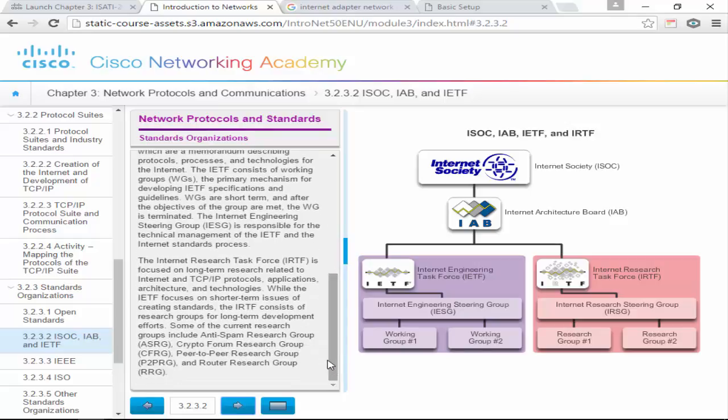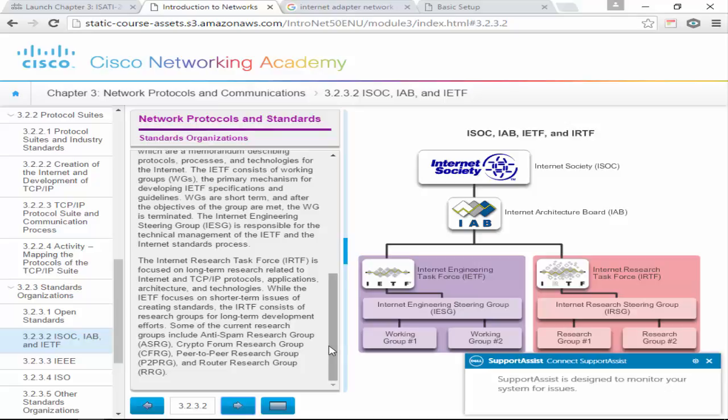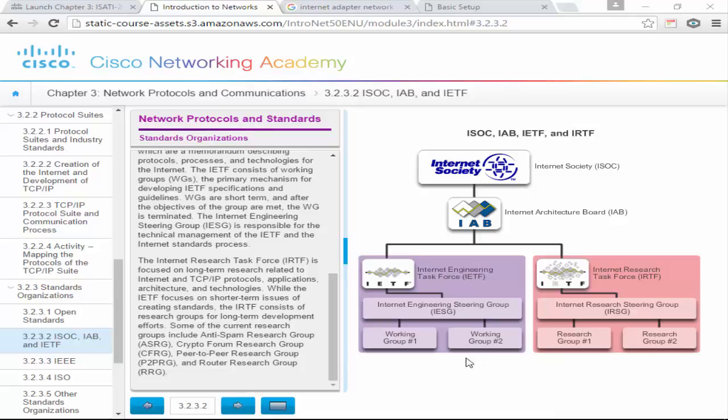The Internet Research Task Force is focused on long-term research related to Internet and TCP/IP protocols, applications, architecture, and technologies. While the IETF focuses on shorter-term issues of creating standards, the IRTF consists of research groups for long-term development and efforts. We'll call that one good.